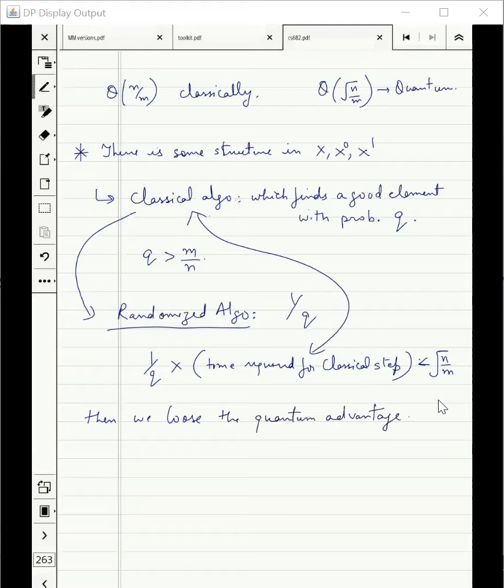So what to do now? Can we use this kind of apparatus for the classical algorithm to boost the quantum algorithm? Is there a quantum machinery which can utilize this structure or this classical algorithm?